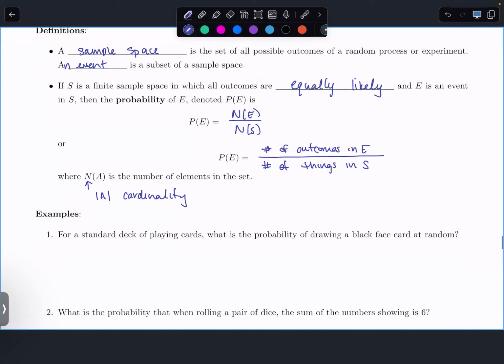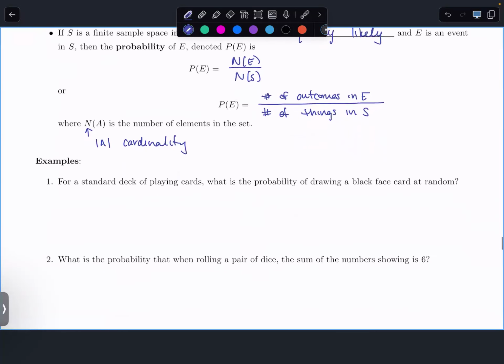Okay. So a standard deck of playing cards, what's the probability of drawing a black face card at random? We gotta do all of this. So the probability of the event, remember, is going to be the number of black face cards, and we're going to divide that by the number of cards in total.